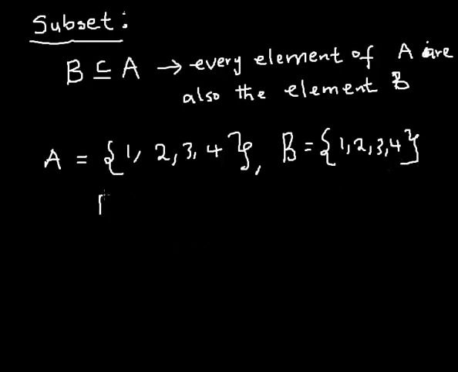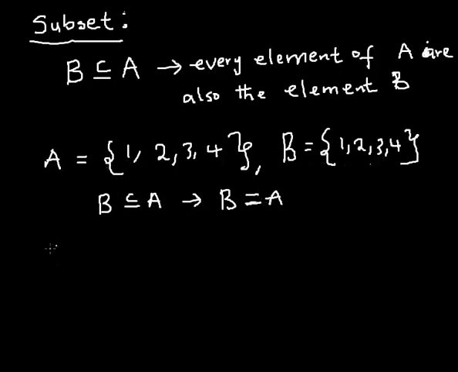Though I can simply say that B is a subset of A, at the same time I can also say that B is equal to A. The elements of B are also the elements of A, and the elements of A are not greater than the elements of B, so B is a subset, and at the same time B is equal to A.